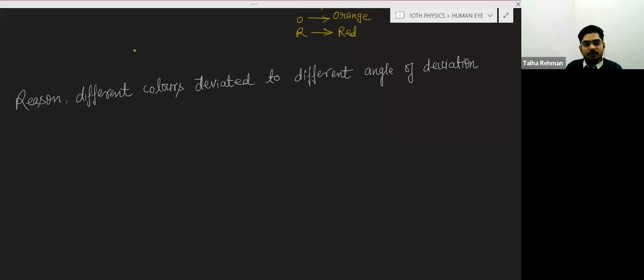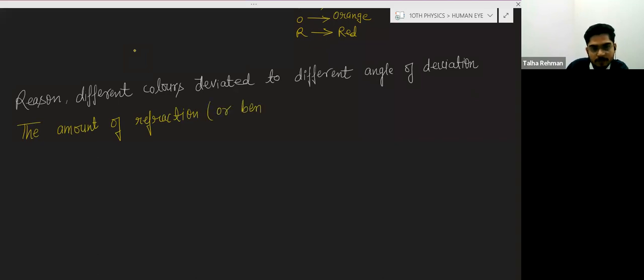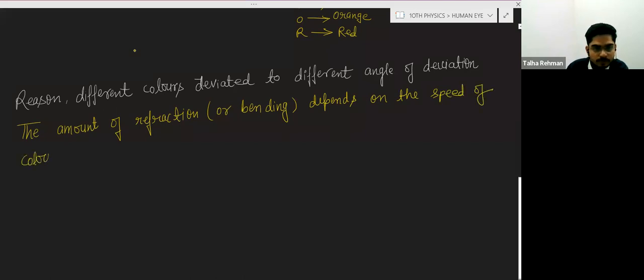The amount of refraction or bending depends on the speed of the colored light in glass.